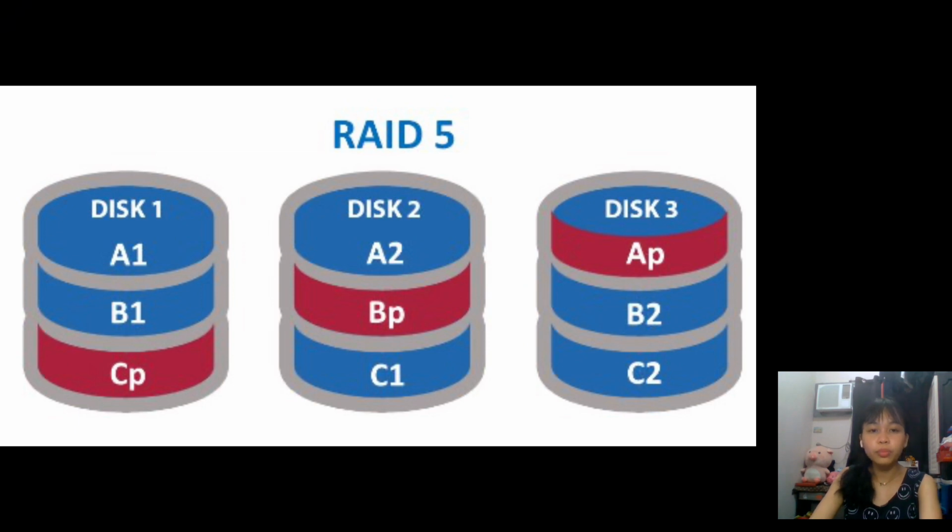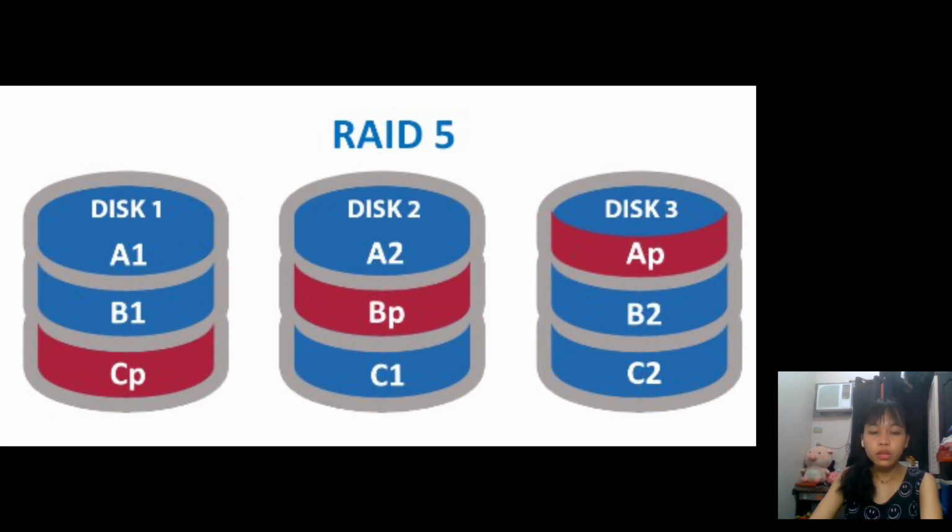It also incorporates parity, a calculated value utilized for reconstructing data after a failure. So if a physical disk fails, our RAID 5 can reconstruct the lost data portion on the failed disk using the remaining data and parity information that we have.